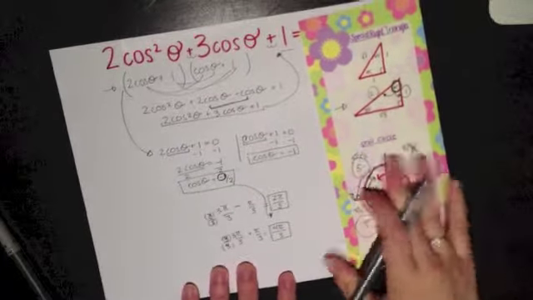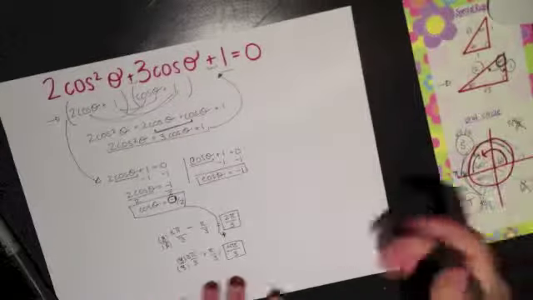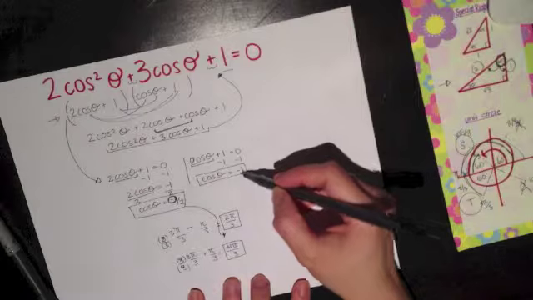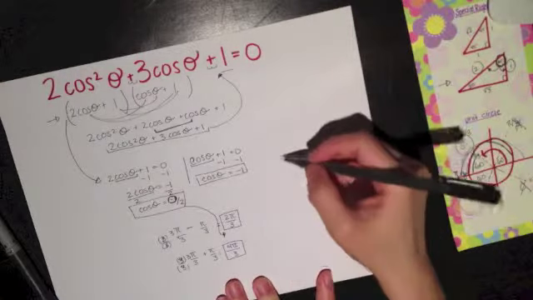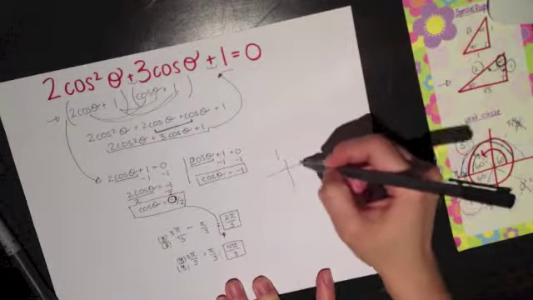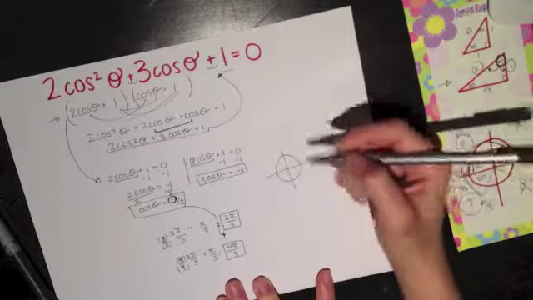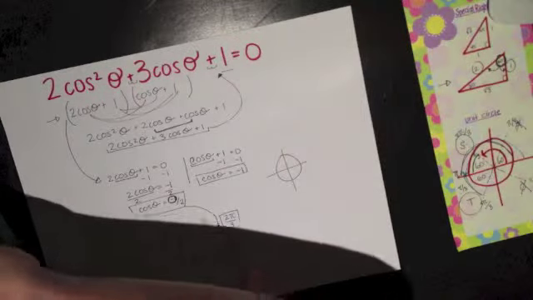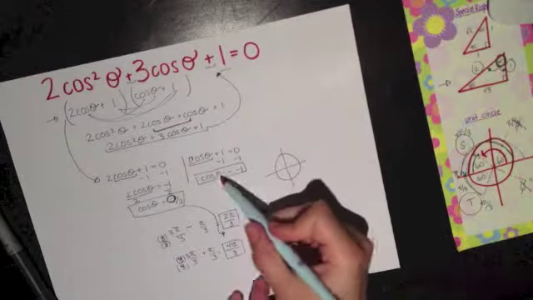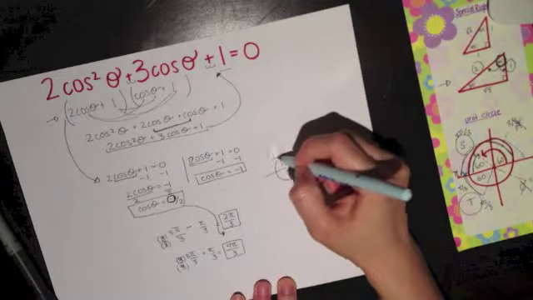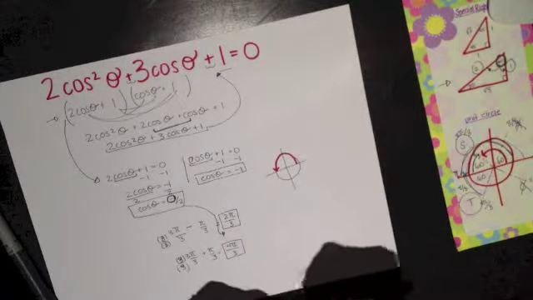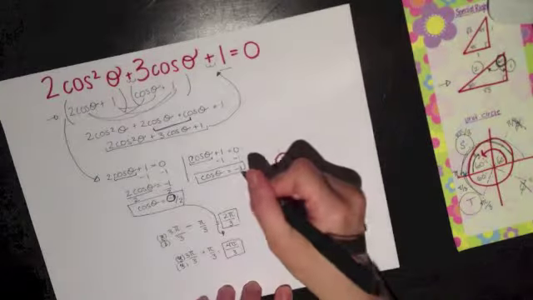So now we want to find out cosine equals -1. Using our unit circle, we can find out that cos of theta equals -1 is equal to pi.